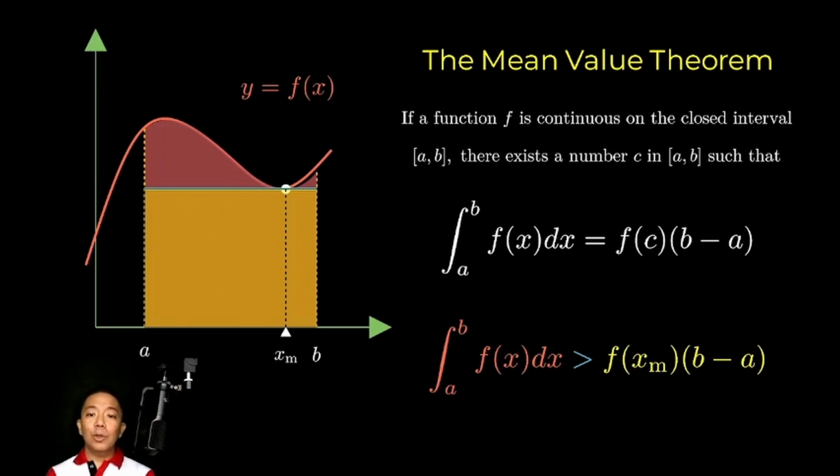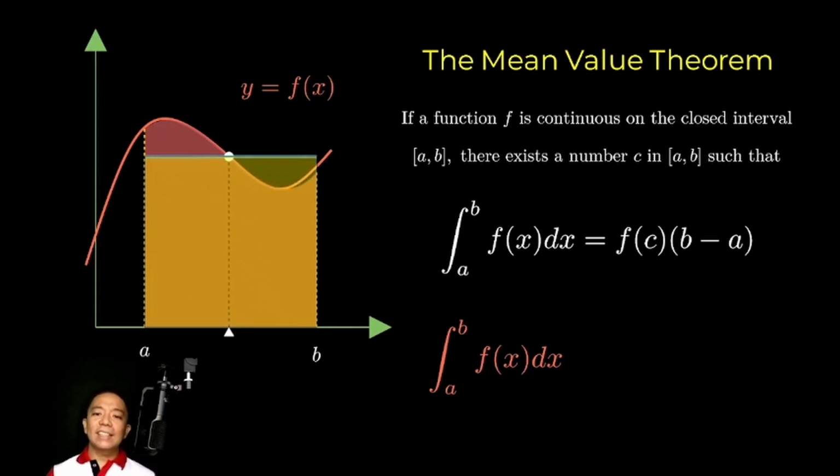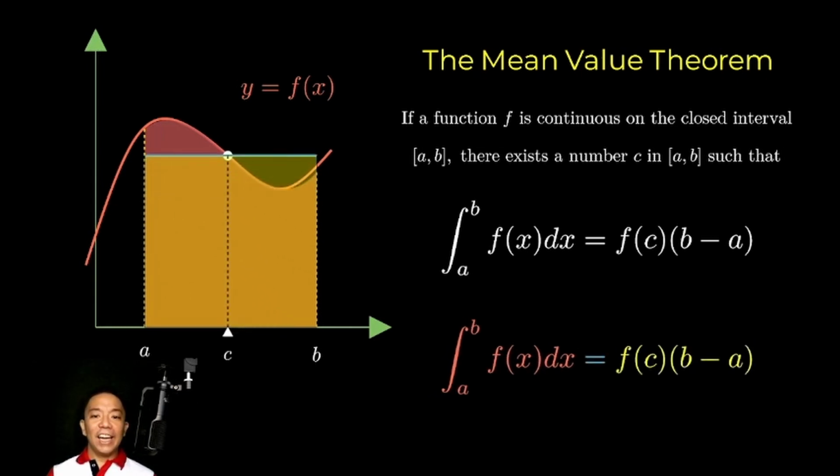Now from the figure, we will observe that the area of the rectangle, mas maliit siya dun sa definite integral. Kasi may excess yung definite integral eh. But remember, na continuously nagbago yung area mula nung nandun tayo sa maximum papunta dito sa minimum. That should mean that meron tayong value in between na sasakto dun sa area nung definite integral natin.